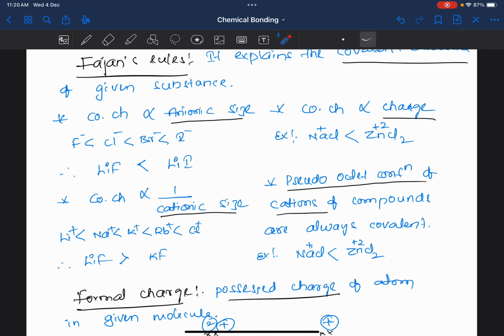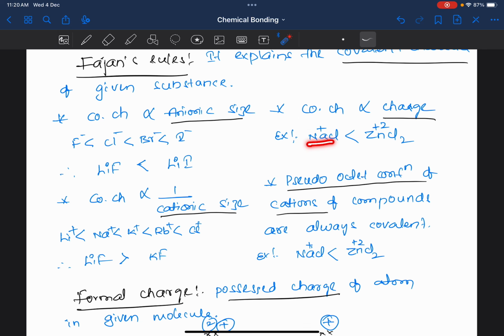And next, the third point: covalent character is directly related to charge. Charge means either cationic charge or anionic charge, whichever it is. Now in these two examples, the chloride ion is common, so we just have to take the cations, sodium ion and zinc ion.